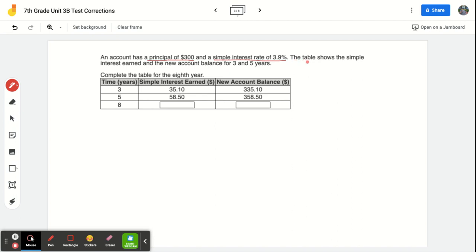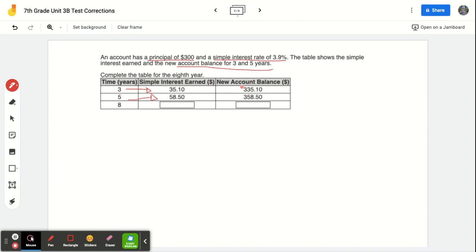And they're showing you how much money is in the account after 3 and 5 years. So we can kind of see that here. In 3 years, your money would have earned you $35.10. In 5 years, your money would have earned you $58.50.